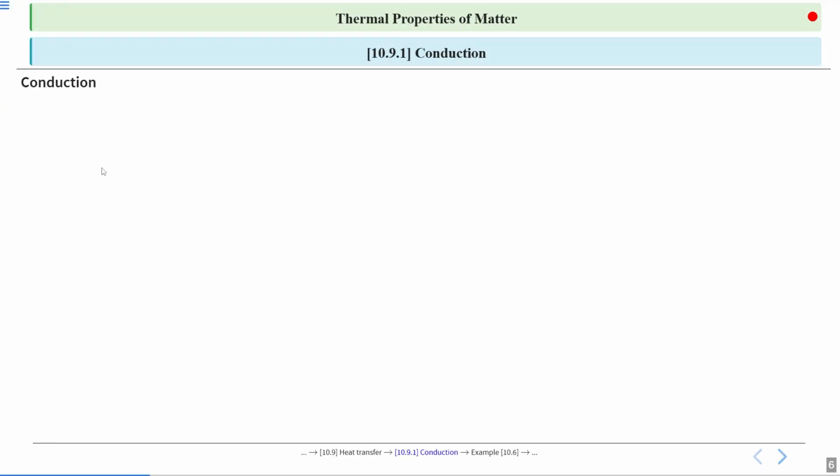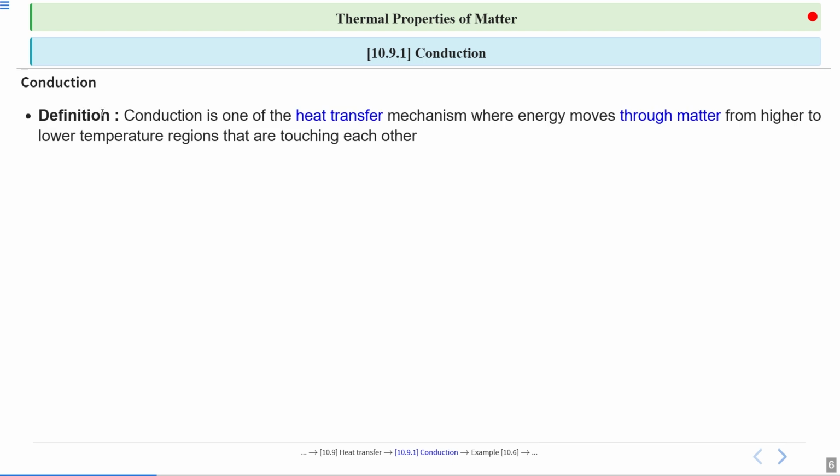So, the first mechanism is conduction. In the conduction mechanism, there is a heat transfer from one body to another body, or we can say heat transfer in a solid body from a point to another point.